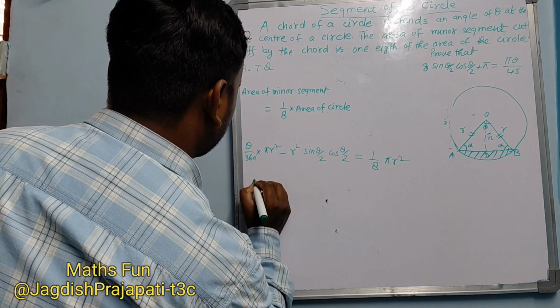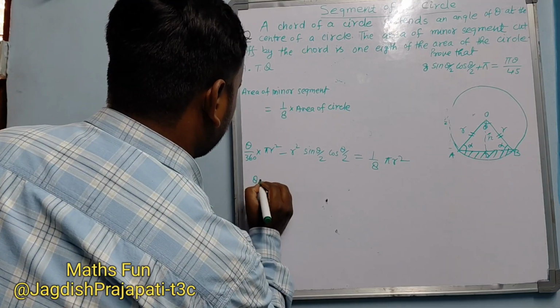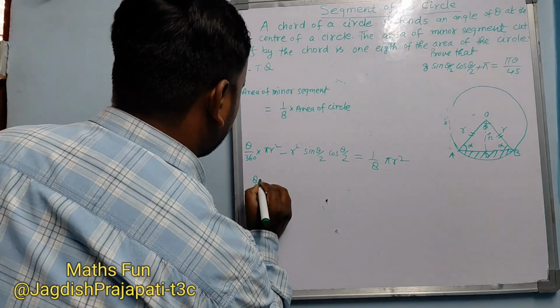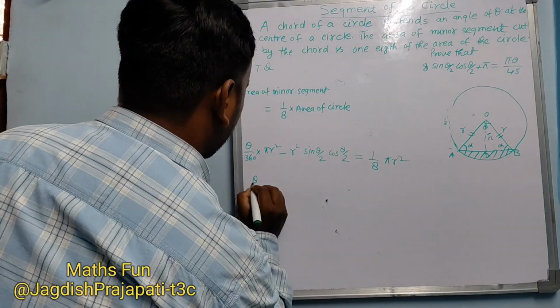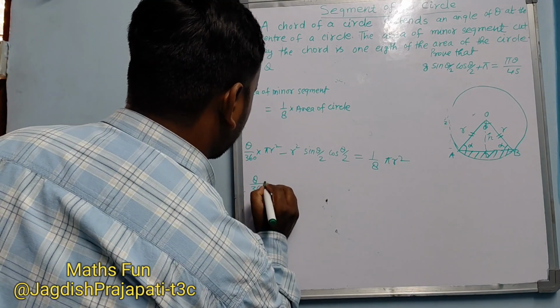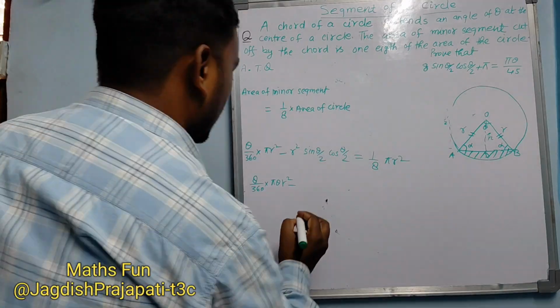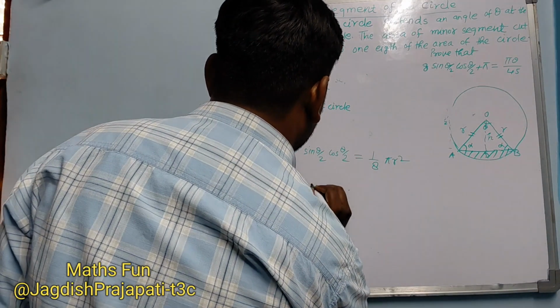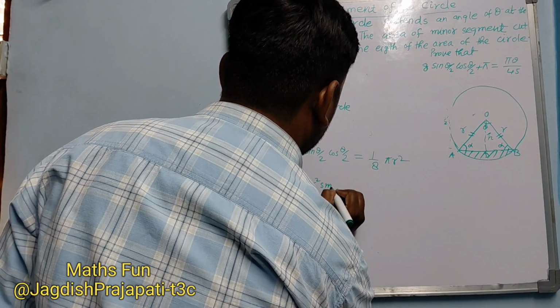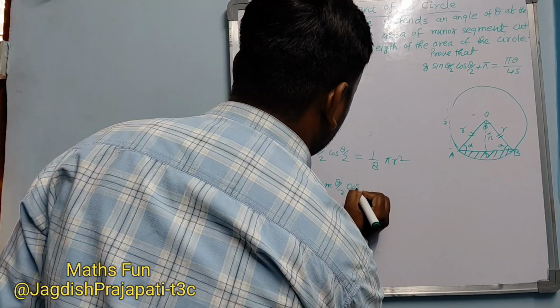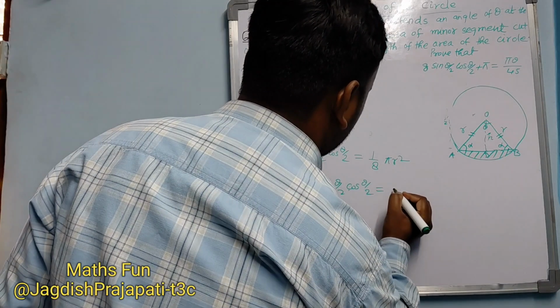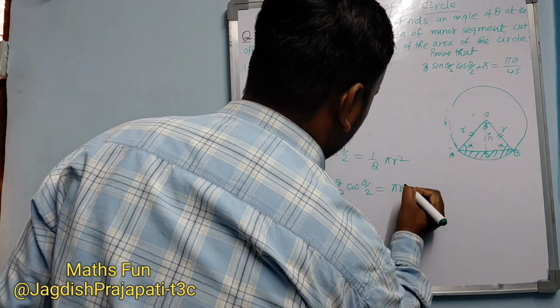So this will be 8 by 360 into pi theta r square minus 8 r square sin theta by 2 cos theta by 2 equal to pi r square.